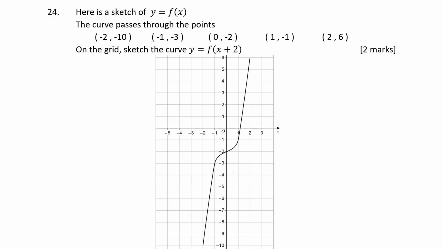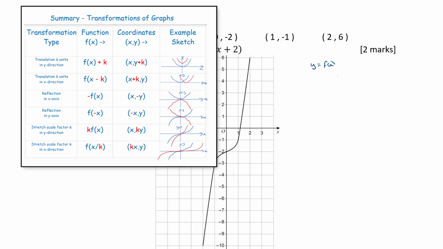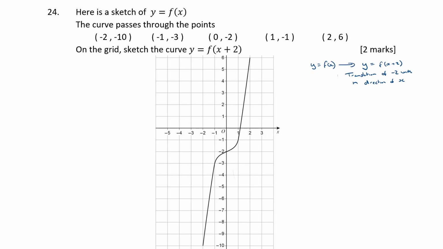If we've got our original graph, which is y equals some function of x, and it goes to a new graph, which is y equals some function of x plus 2, then that is a translation of minus 2 units in the direction of x. In other words, it's moving 2 units to the left.